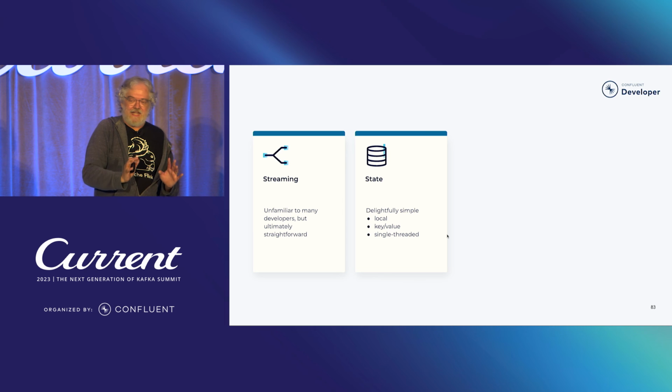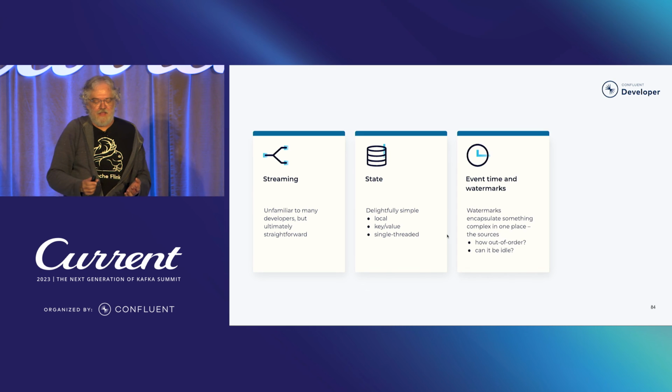Flink's model for handling state, I find it delightfully simple. It's just a distributed key value store. You can only access the local state, and you don't have to think about concurrent access or threading, because the way that the APIs are organized, the code you write for a single operator runs in a single thread, so there's nothing hard here.